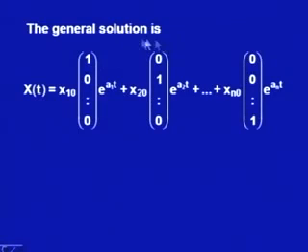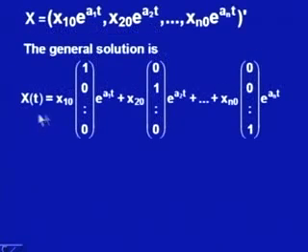And with this, the general solution is written in this form, where I have written the first term as x10 times the column vector (1, 0, ..., 0) times e^(a1 t), and corresponding to the second I have written x20 times a column vector multiplied by e^(a2 t), and so on.